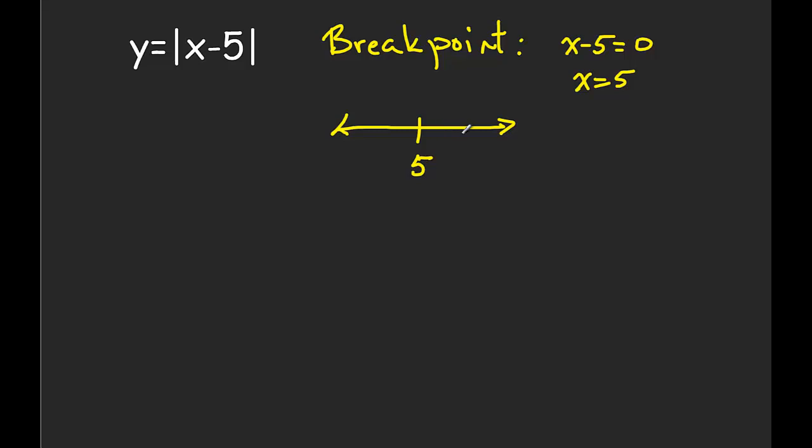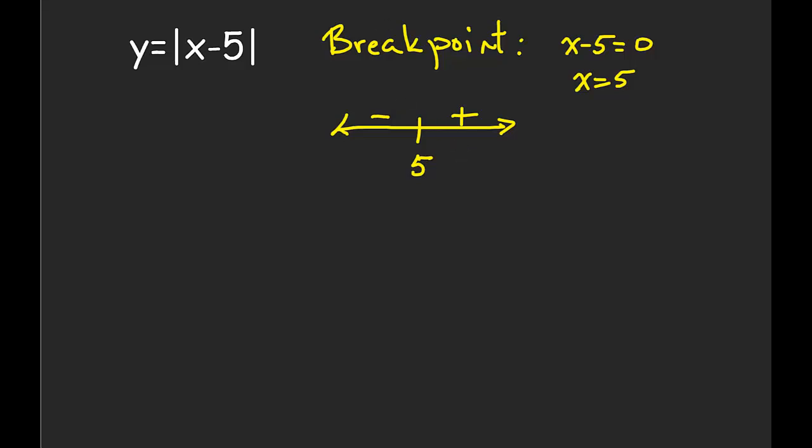What I want to do is take a value bigger than 5 and put it in here without the absolute value bars, and see what kind of number comes out. If I put 6 in here, for instance, I will get a positive number, so I put a positive sign here. Now if I take a number less than 5, like 4, the internal component of the absolute value, 4 minus 5, would give me a negative number.